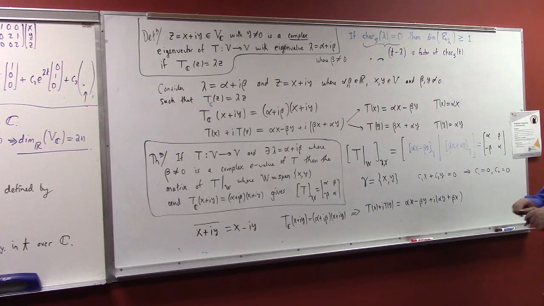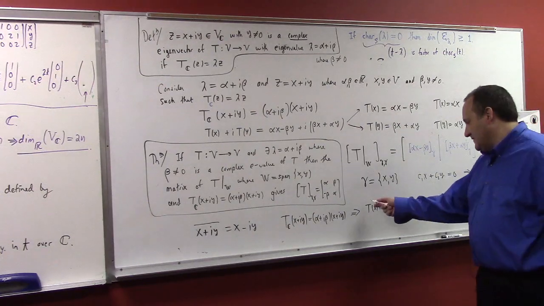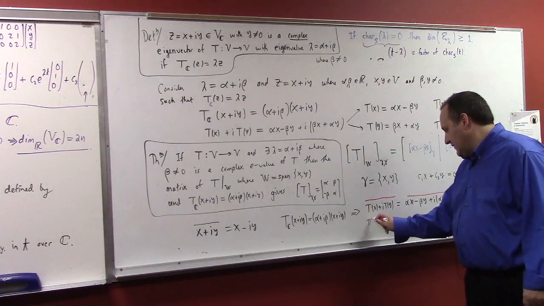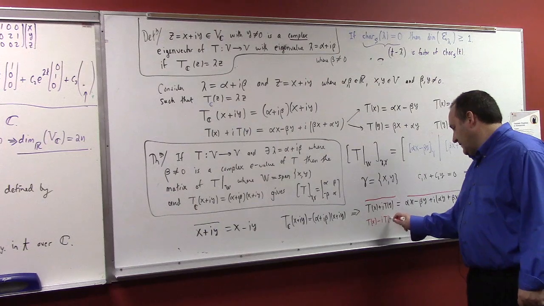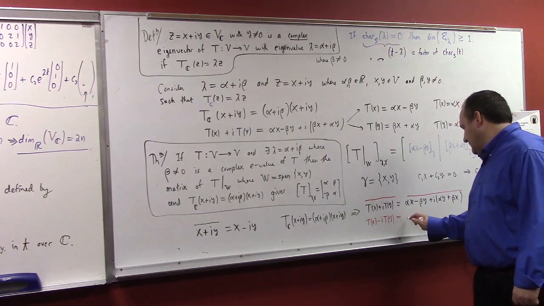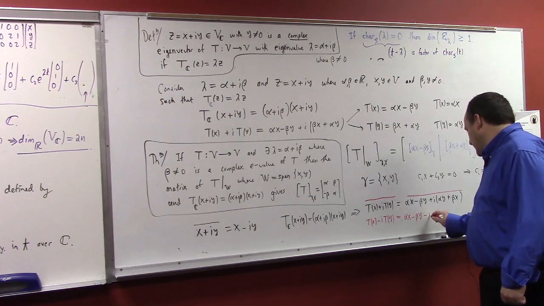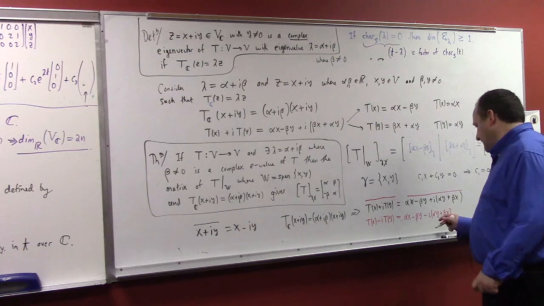But then, that's the same equation I have up there. Complex conjugate this, though, what do you get? So you get T of x minus i T of y is equal to alpha x minus beta y minus i times alpha y plus beta x.